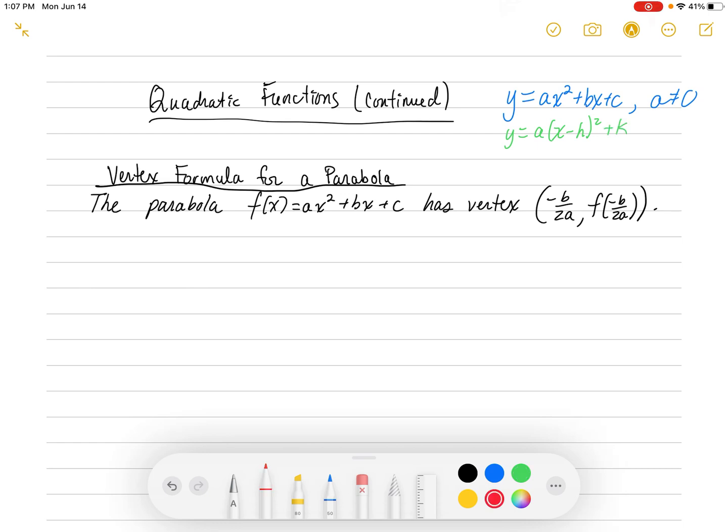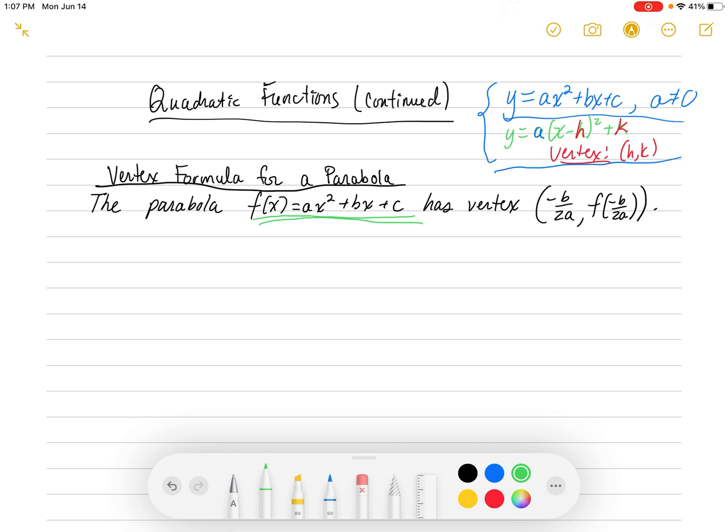And sometimes they're written in this form, y equals a times (x minus h) squared plus k, where this h and this k make up the vertex. And that a out front is sometimes called the scaling factor. It also determines the orientation, right? If it's positive, it opens upwards. If it's negative, it opens downwards. So that's a review from the first video.